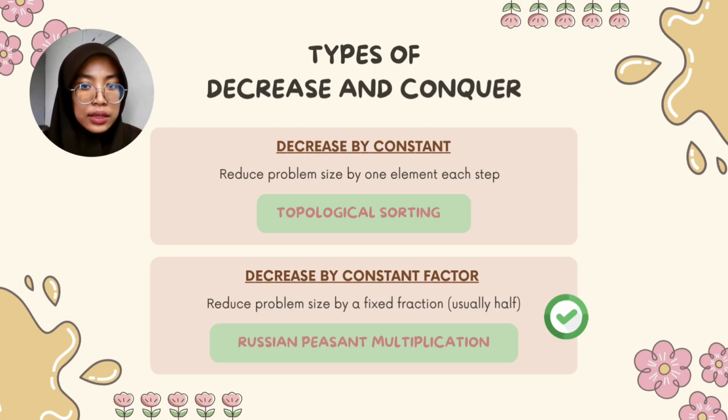A classic example of this is topological sorting. The second type is decrease by constant factor, where we reduce by a fraction, usually half, for each step. This one is much faster, and the example I'll be using today is Russian peasant multiplication.